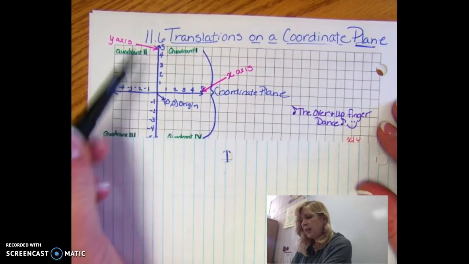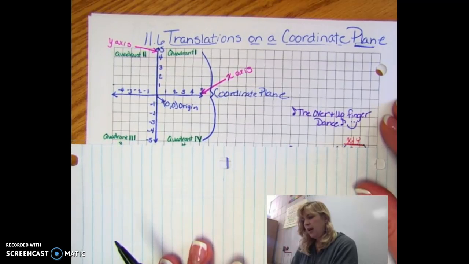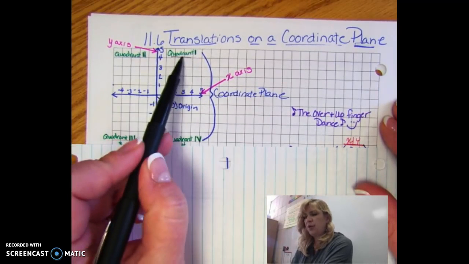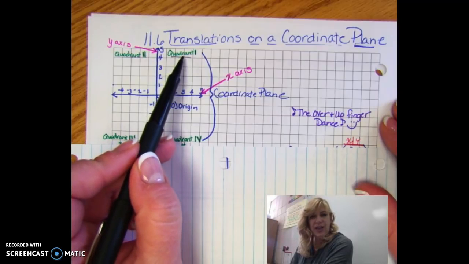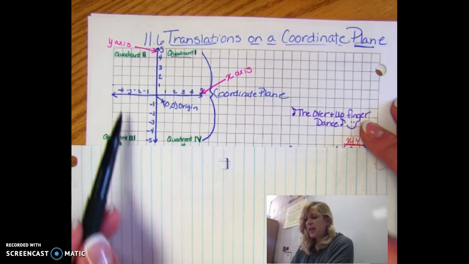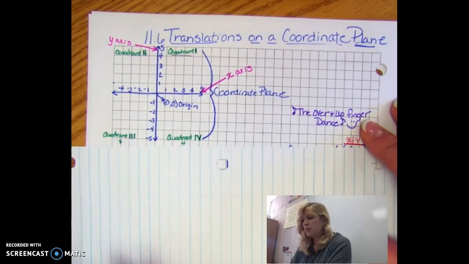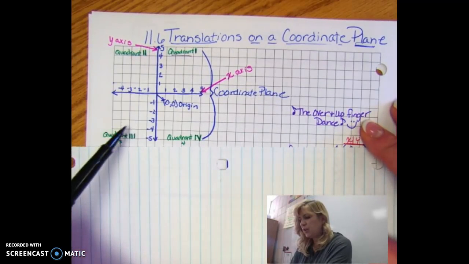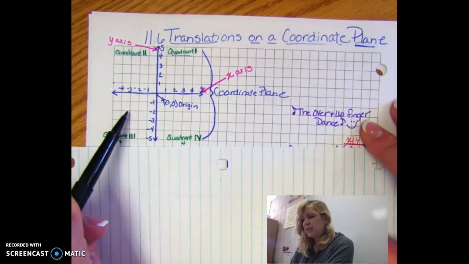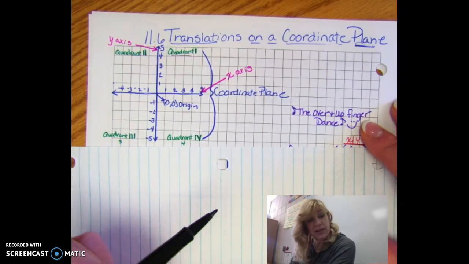This whole thing is called the coordinate plane, and I want you to memorize where the quadrants are. We always start teaching kids in quadrant 1. That's the easiest. And then it makes a giant C. It goes quadrant 1, quadrant 2, quadrant 3, quadrant 4. So they'll name a point on your assignment, or they'll give you the coordinates and ask what quadrant it belongs in.